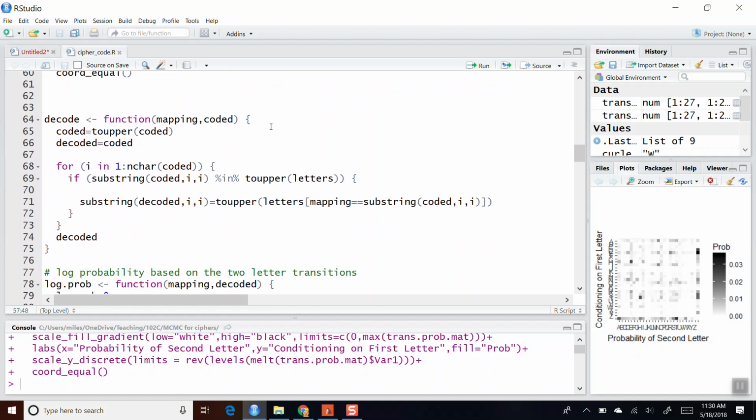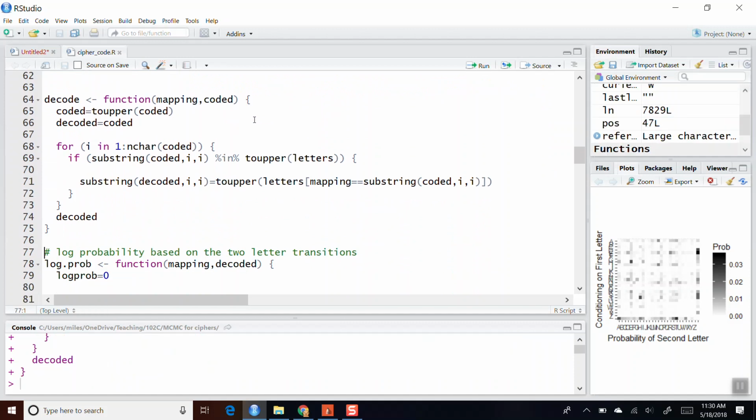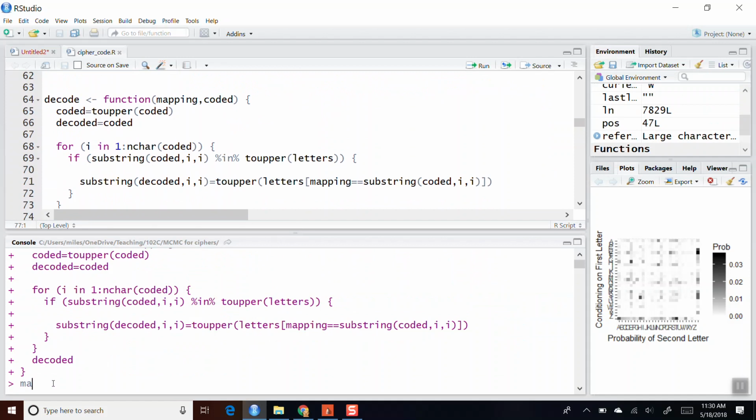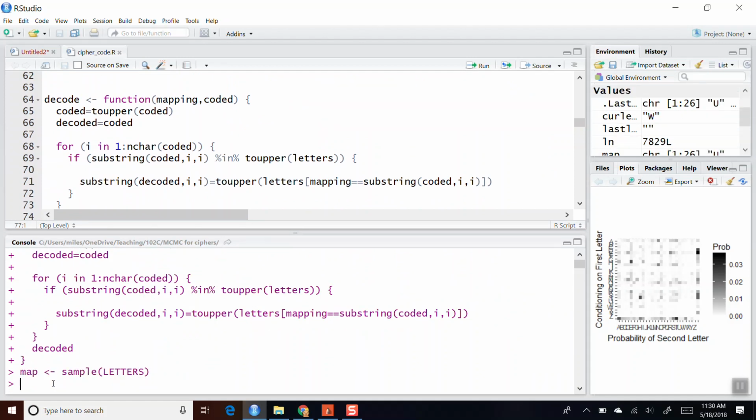Okay, this is a function to go from text to kind of decoded text. I'm going to set up a map, and I'm just going to sample the letters.